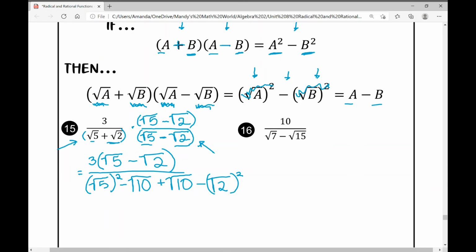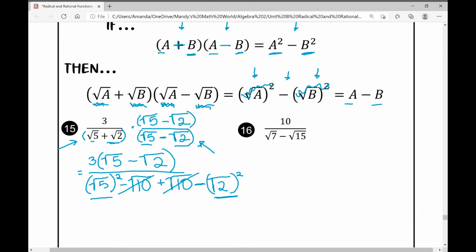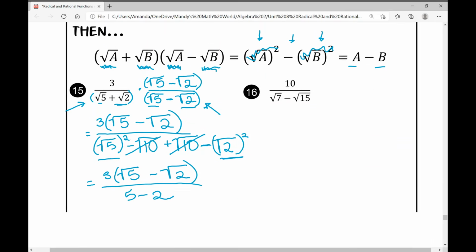Okay? So what do I have here? What happens whenever I multiply these two binomials together where I've got the same terms, one's plus, one's minus? These two inner terms cancel, and I'm left with the square root of 5 squared minus the square root of 2 squared. And those square roots and the exponents cancel each other out. So I'm going to rewrite that on this example. 3 times the square root of 5 minus the square root of 2 over 5 minus 2, which is 3.